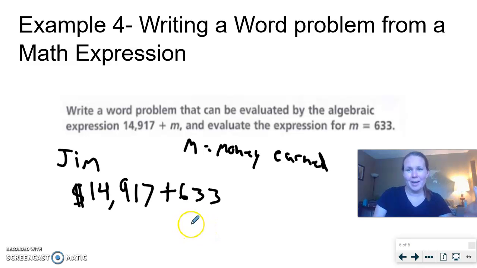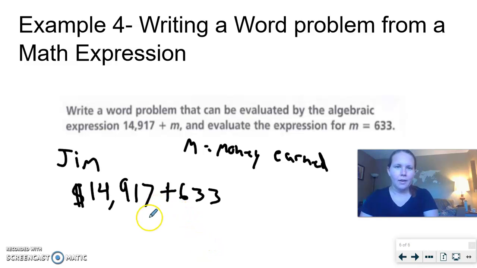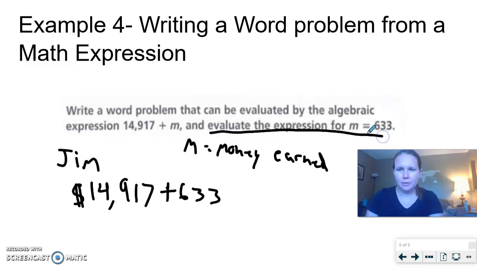You could be as creative or not as creative as you want. We will definitely practice some more of these together. But then they want us to also evaluate the expression. So remember, evaluating means to solve. And so we're actually going to end up adding these together.